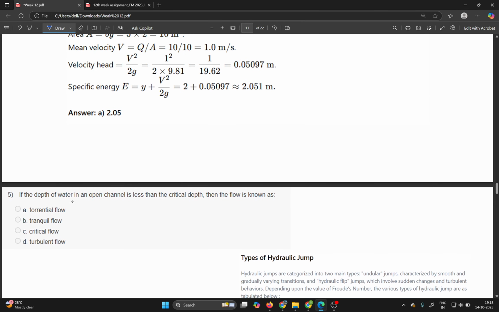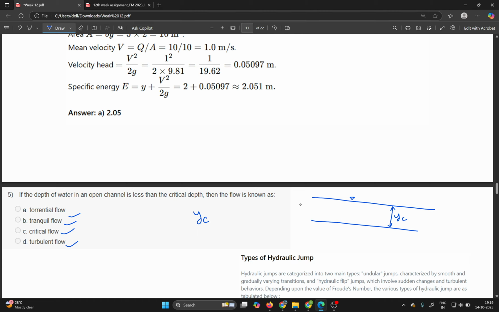Next is, if the depth of water in an open channel is less than the critical depth, then the flow is known as torrential flow, tranquil flow, critical flow, or turbulent flow. Let us assume this is your critical flow depth yc.